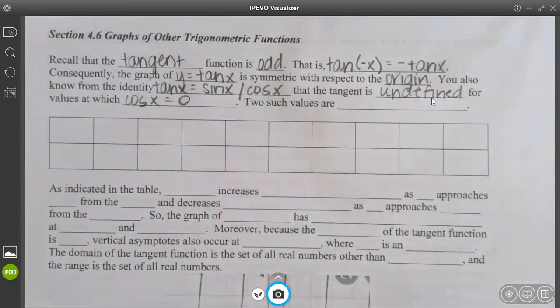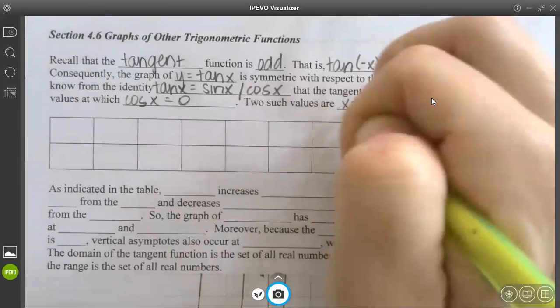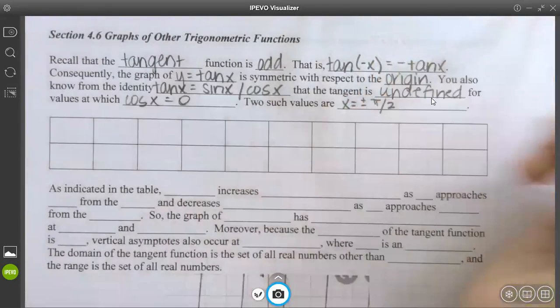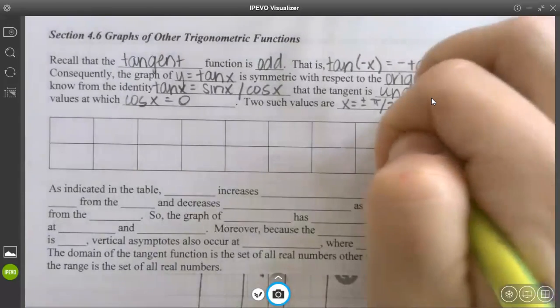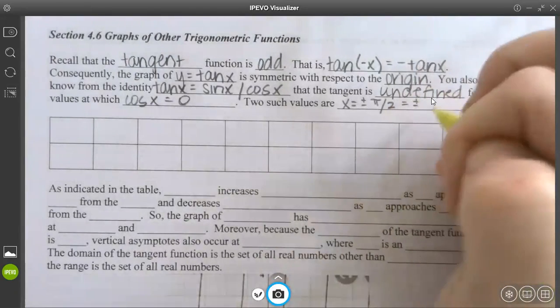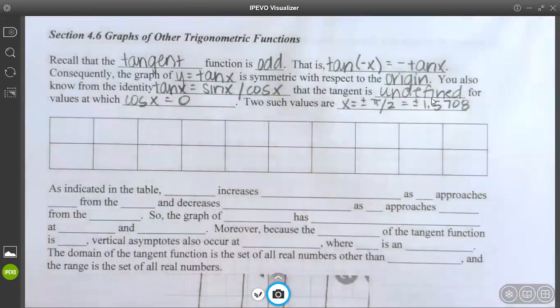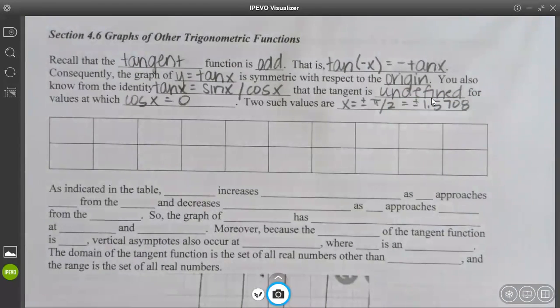So two such values are x equals positive and negative pi over 2, or positive and negative 1.5708. That's just pi over 2 put in the calculator.